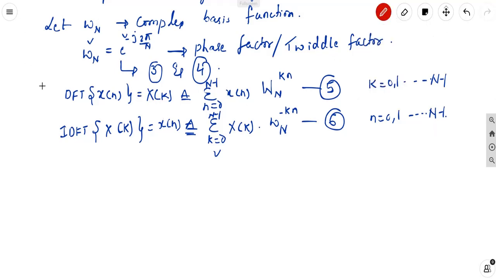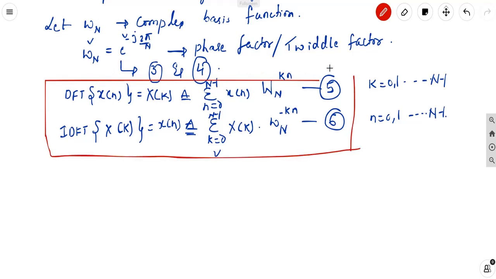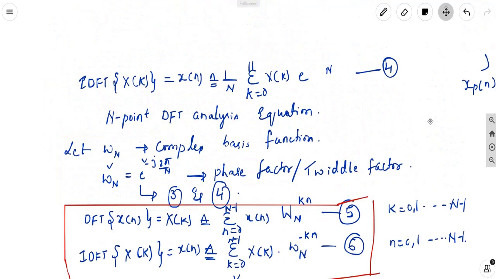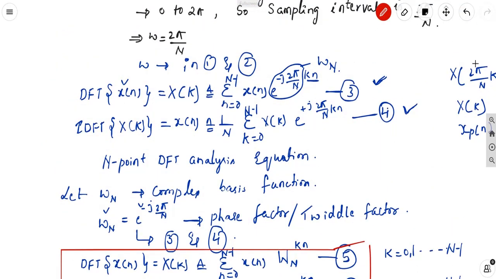These are the two equations mainly you have to remember. These are the DFT and IDFT equations with respect to the twiddle factor. You have to remember these two equations, and also the other two with respect to e to the power of.